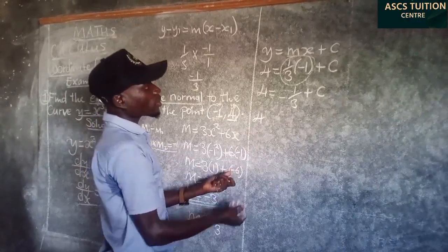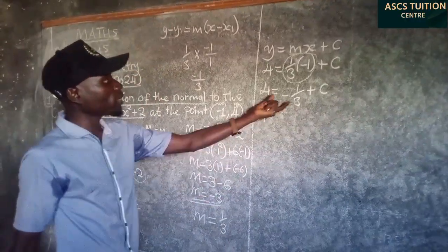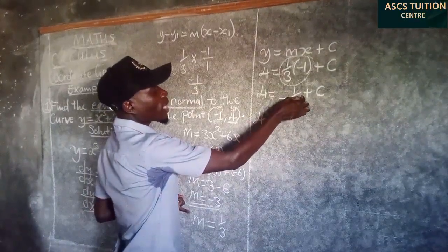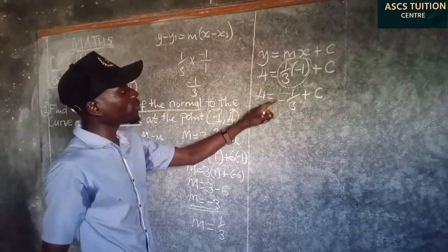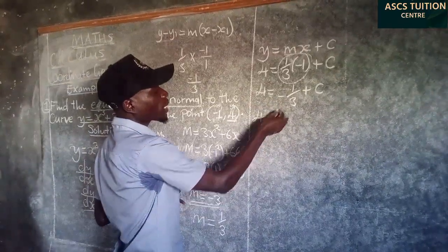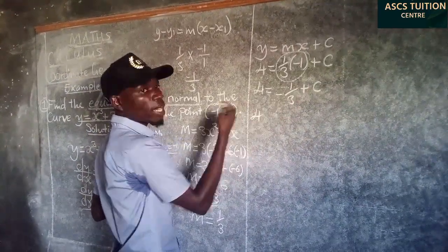Okay? To those who may find it difficult to find the answer here, you can do this. We can find the additive inverse of -1 over 3, which we know is +1 over 3.